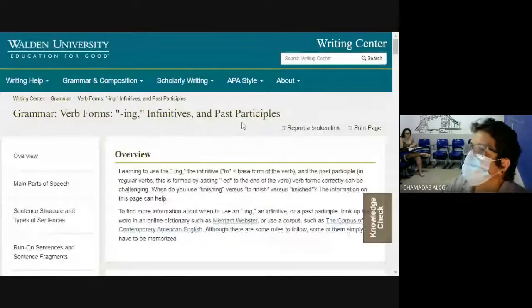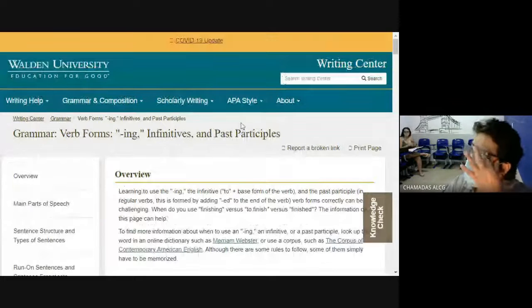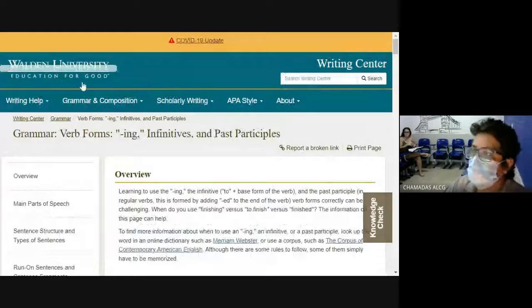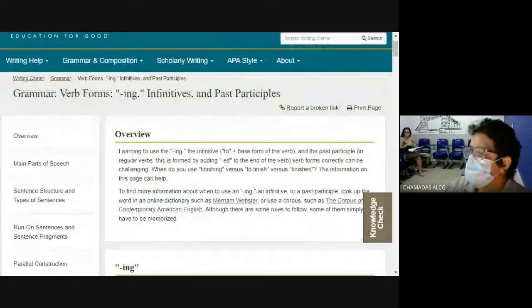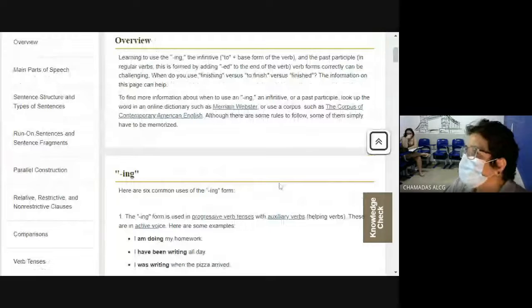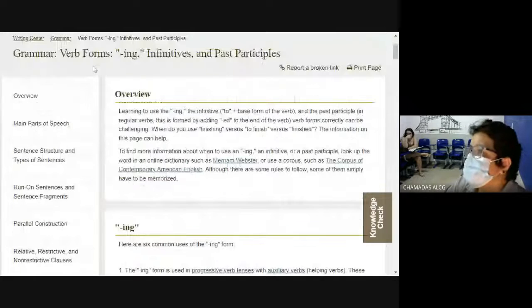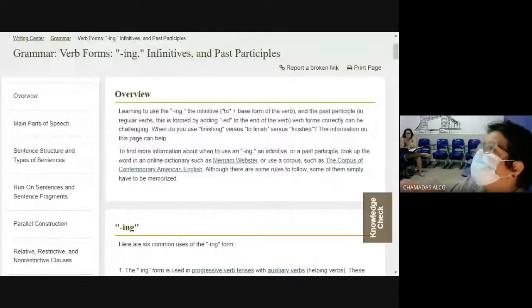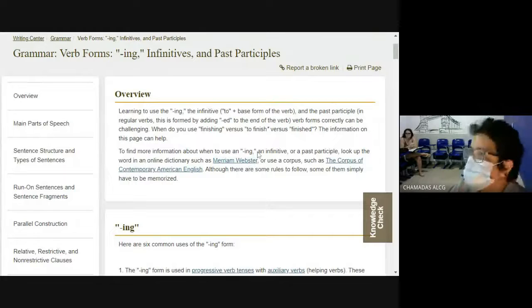Oh, by the way, guys, this site is from Walden University, right? Just so you know that it's a reliable site. It's from a university. And it talks about verb forms, ing. Of course, it has more topics. If you want to explore, feel free, okay?